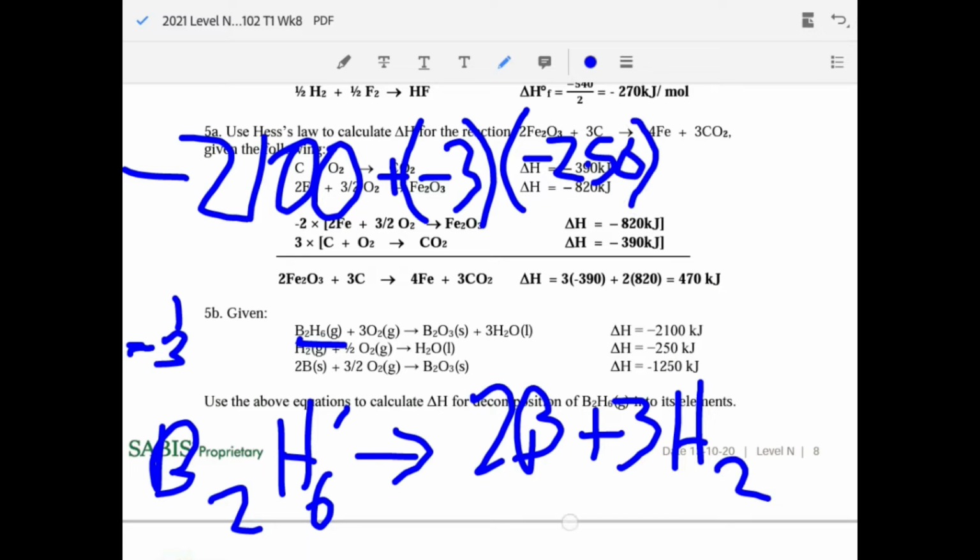And then you need boron. I'm going in order from up to down.